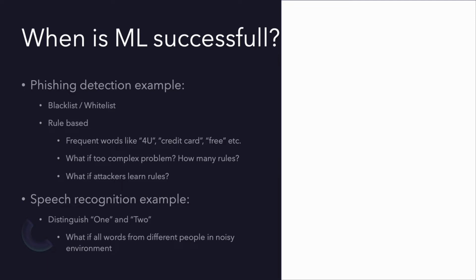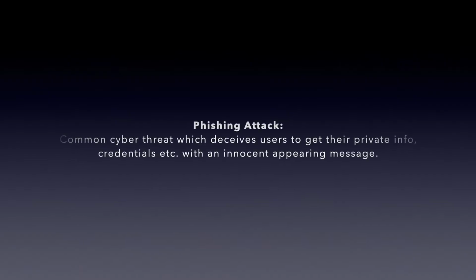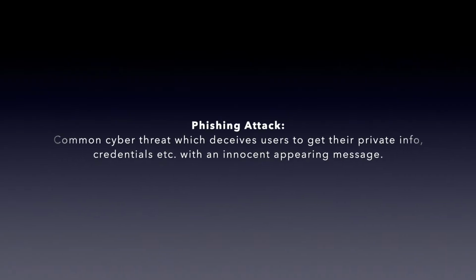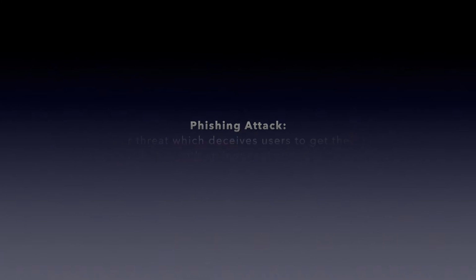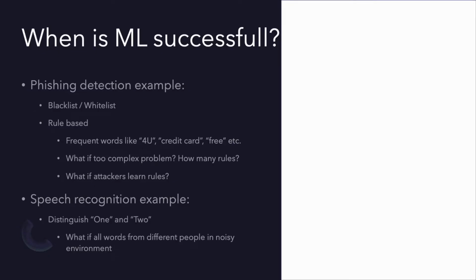Now, I want to explain when machine learning is needed and successful with two examples. First example is phishing detection. As you can estimate, there were some other approaches before machine learning to detect phishing attacks. By the way, phishing is a cyber attack to deceive users to get their credentials, money, or private information.